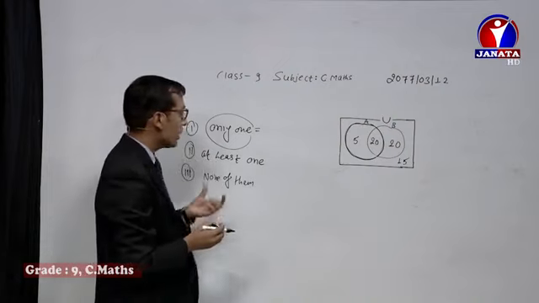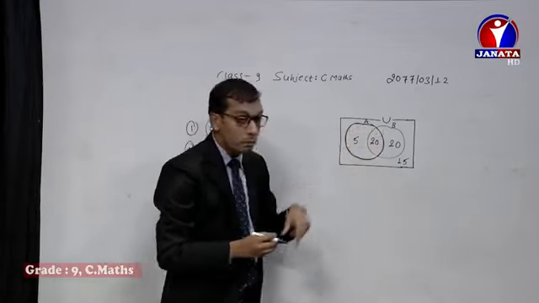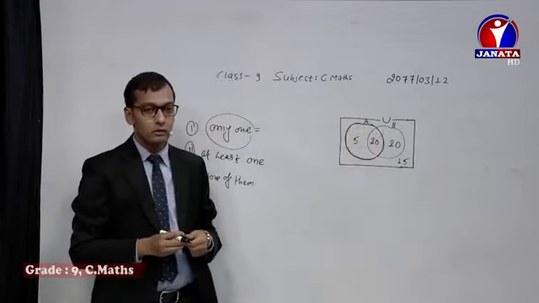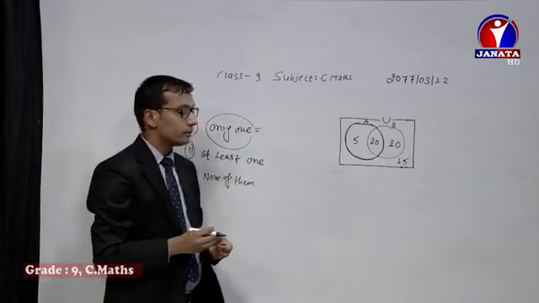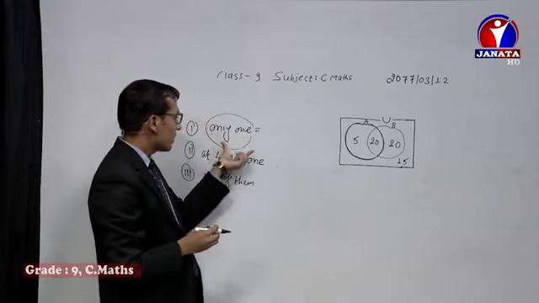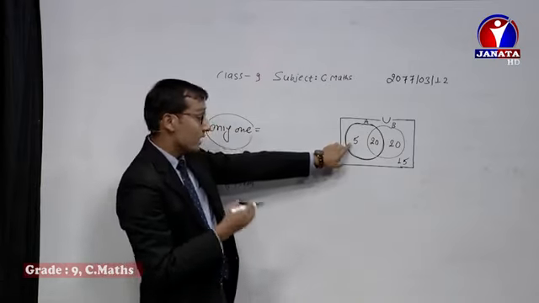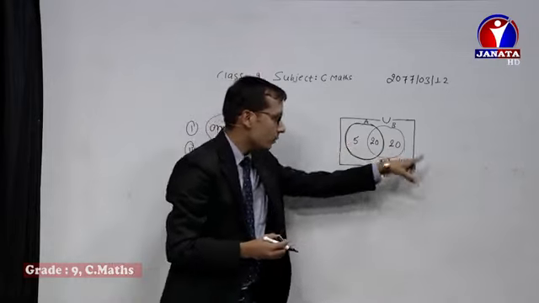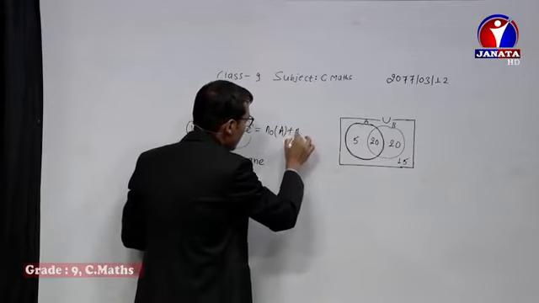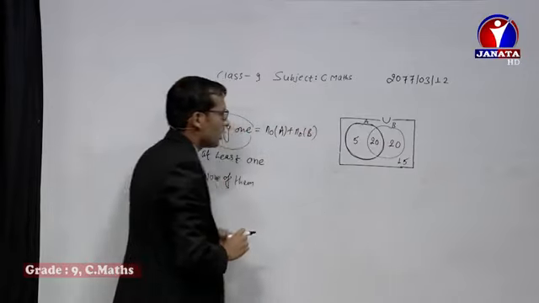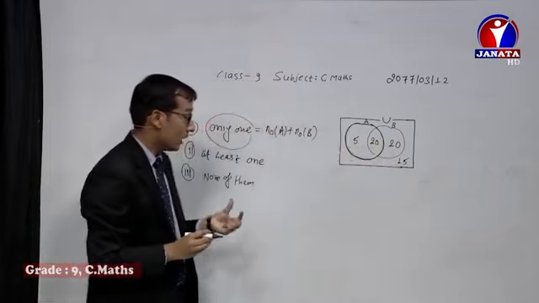I'm saying here, if A and B represent two subjects, then how many students like only one subject? It is either students who like only subject A or students who like only subject B. So it's n only A plus n only B. So we can add the numbers 5 and 20 and get the answer.